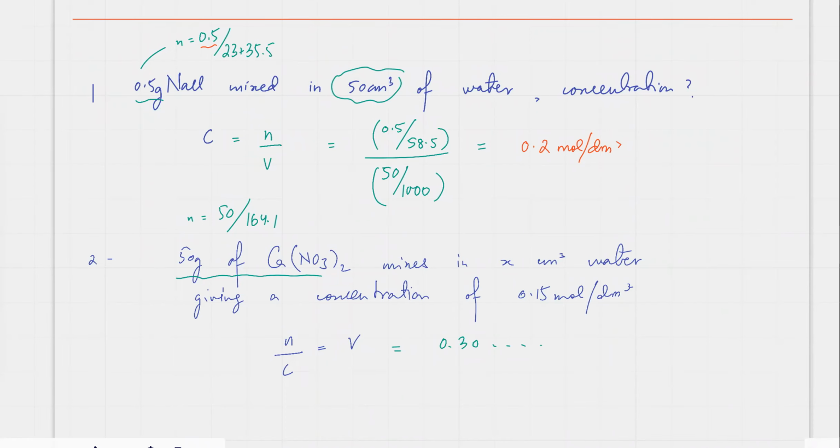If you're putting it on paper, you round it off to the appropriate significant figures. But don't round it off on your calculator, because if you round off values at every step, now you're going to do moles divided by concentration. So make sure you use the most accurate value that your calculator was giving you.